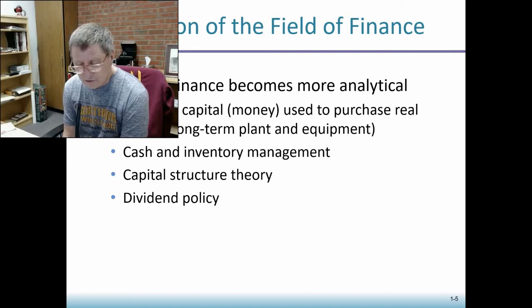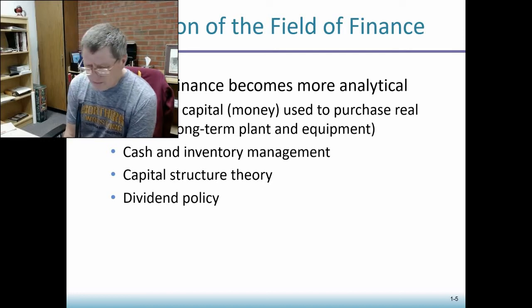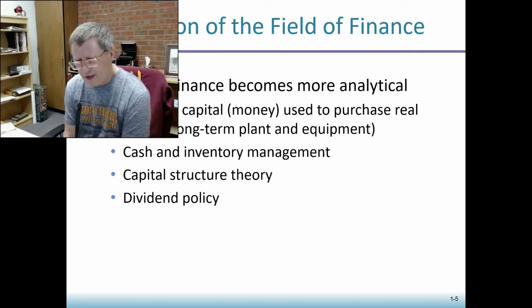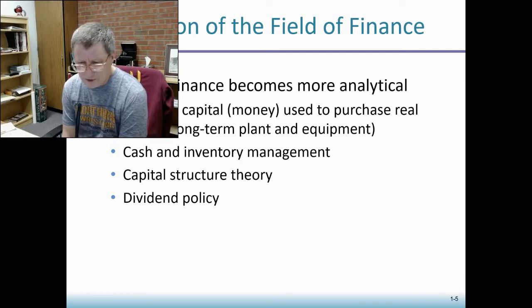You might hear me say this often throughout the semester: debt's always cheaper. Is that going to change? Maybe. Taxes can have a big impact on that. Actually, a reduction in tax rates makes debt a little less attractive in terms of your capital structure.